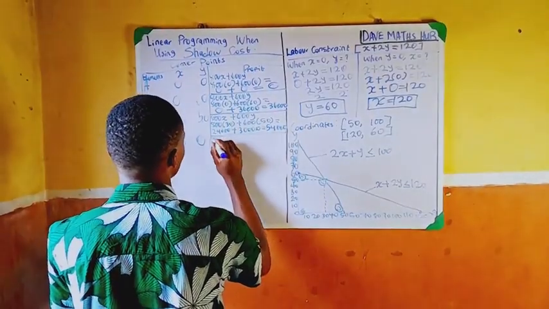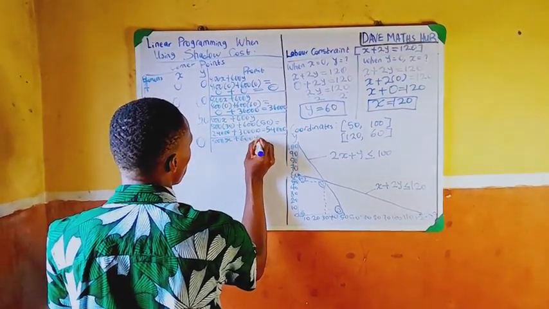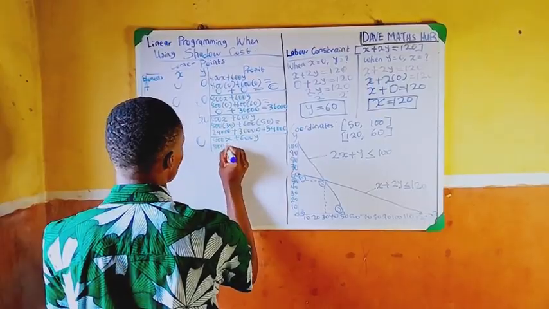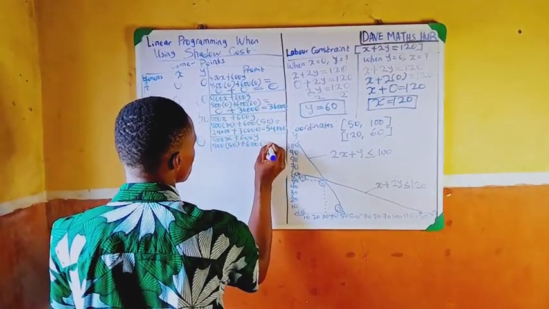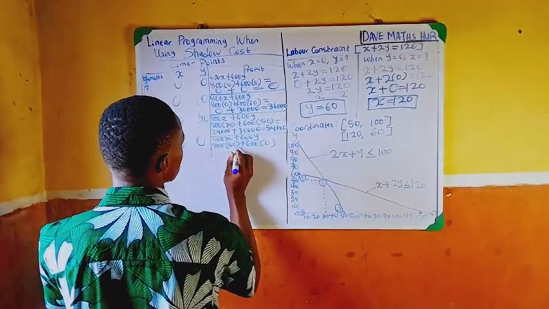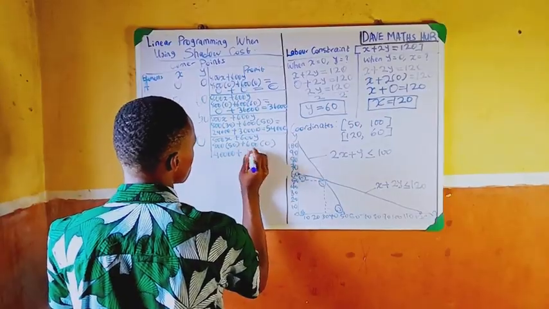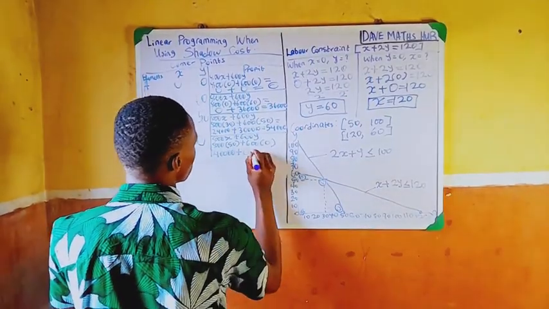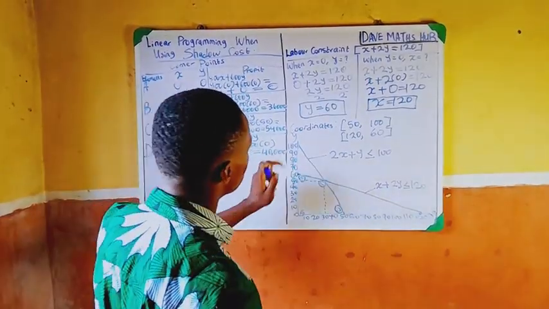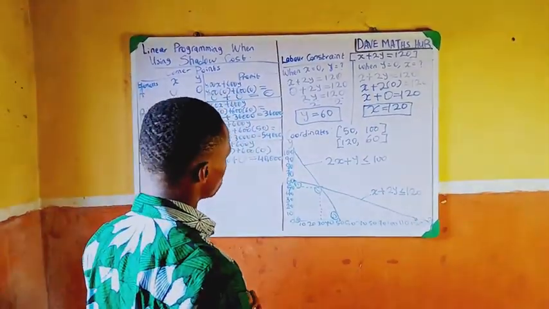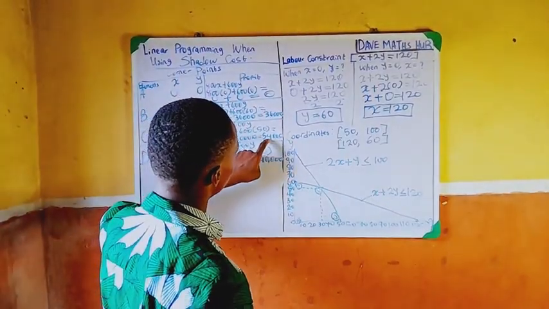And for the last one, 800x plus 600y. Substituting, 800 open bracket 50 plus 600 open bracket 0, giving us 8 times 5, 40,000 plus 6 times 0, 0, a total of 40,000. Now, this is a maximization question, meaning we are to look at the highest amount being 54 compared to the rest.